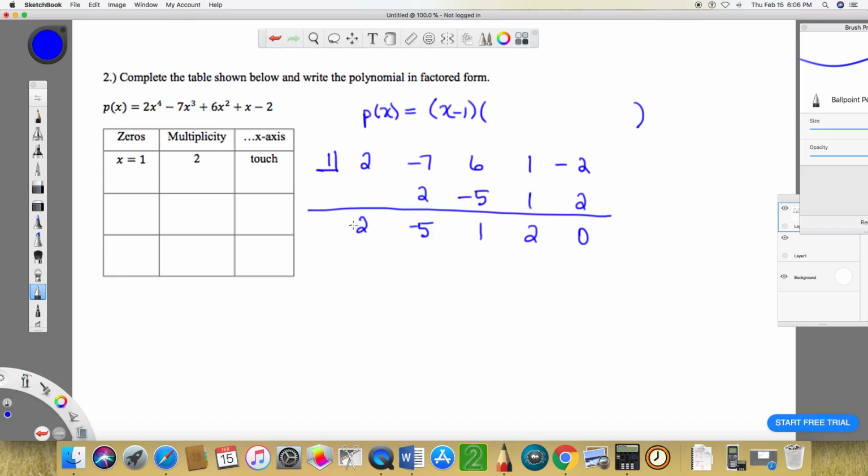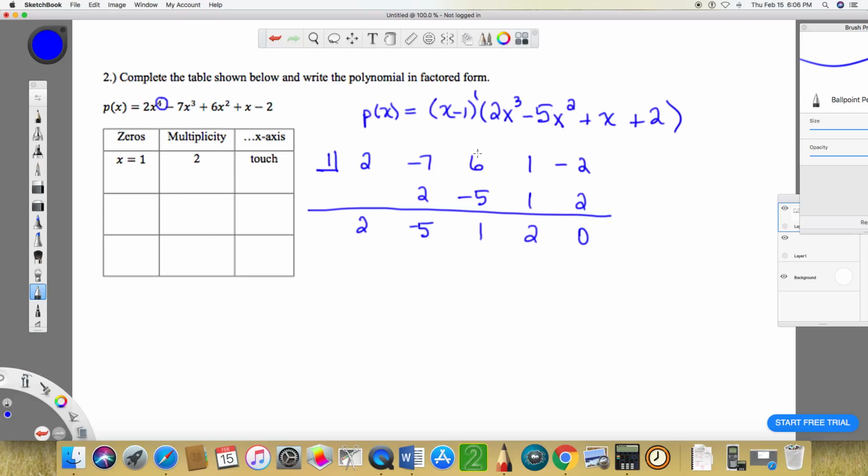And now this 2, negative 5, 1, and 2, I look over here and I see that this is to the 4th degree. So I know this 2 starts out 2x cubed. All right.